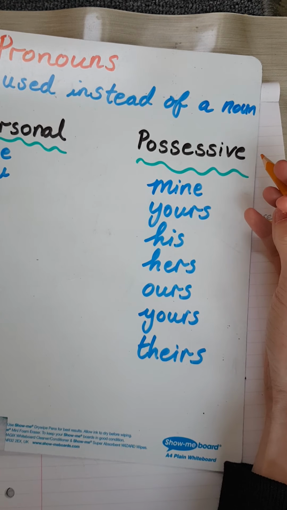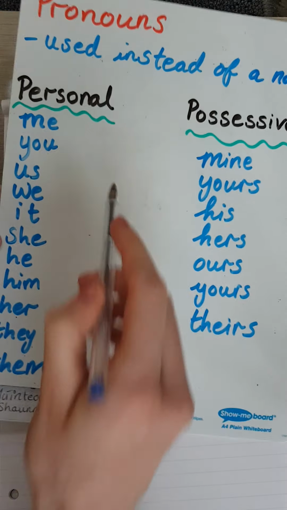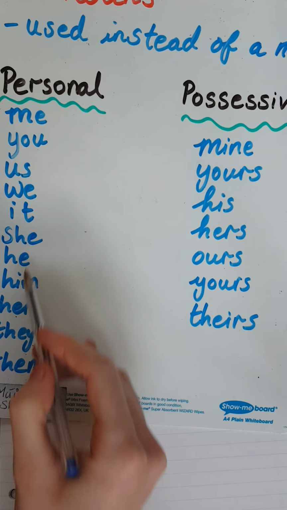So, let's see. Sophie. What could I change Sophie to? It's a name, she's feminine, so she. She couldn't find. She's talking about her own purse.